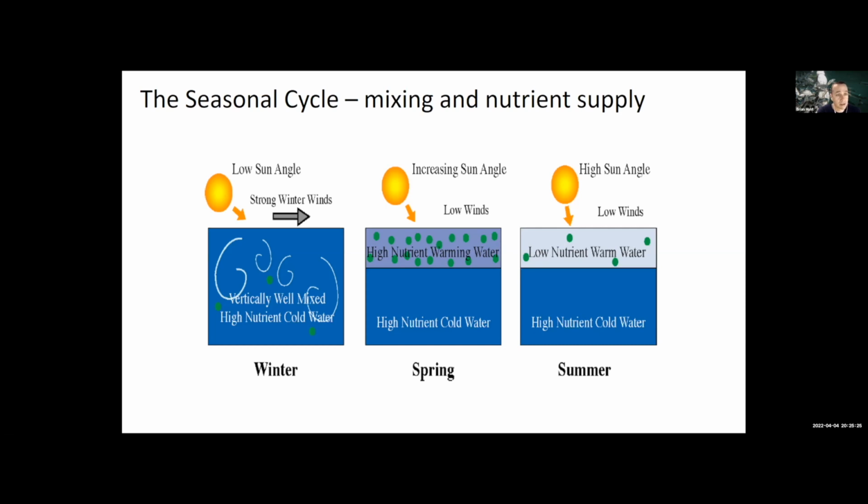But if you have just hot, sunny conditions the whole summer and very little wind, you'll end up with basically very low phytoplankton biomass because you will not have nutrients supplied to the surface anymore. And that's one of the effects that climate warming has on the ocean: it causes very intense stratification and limits resupply of nutrients, and so it can actually decrease productivity.